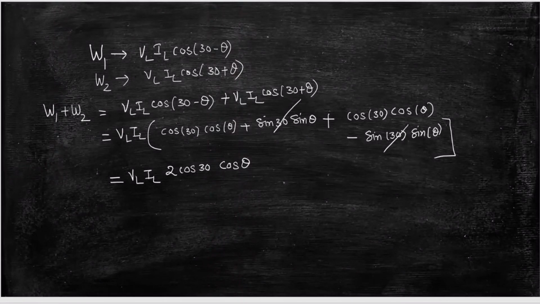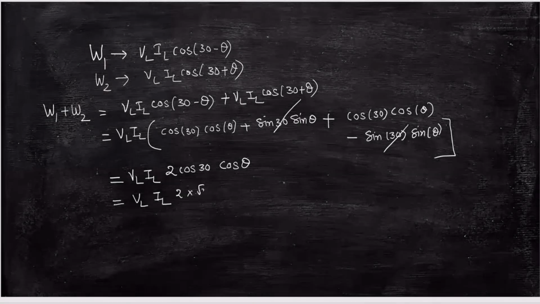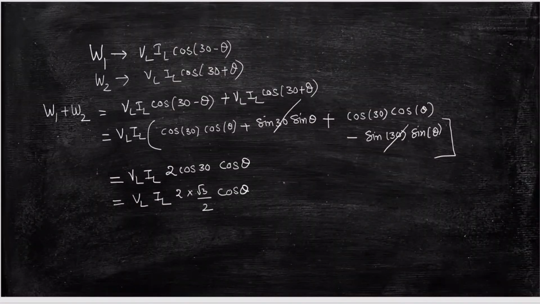Cos 30 is root 3 by 2, right? VL IL, 2 into root 3 by 2, into cos theta. So 2 gets cancelled. So you are going to get root 3 VL IL cos theta.